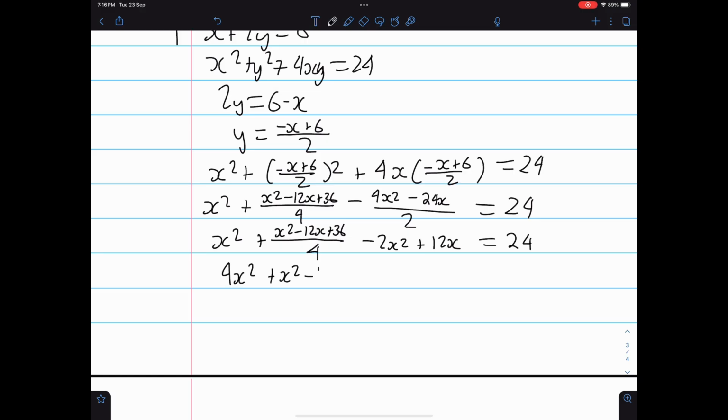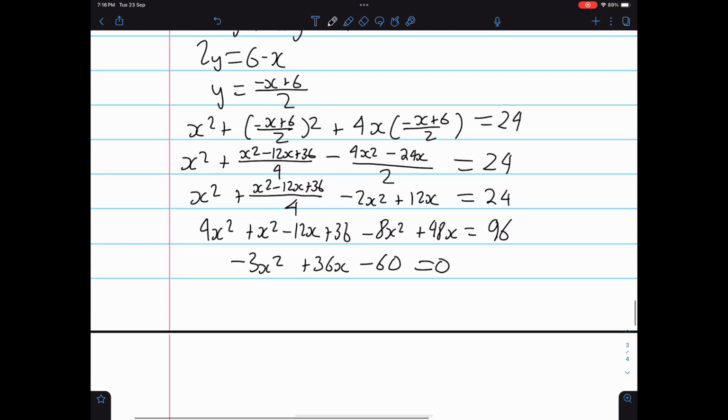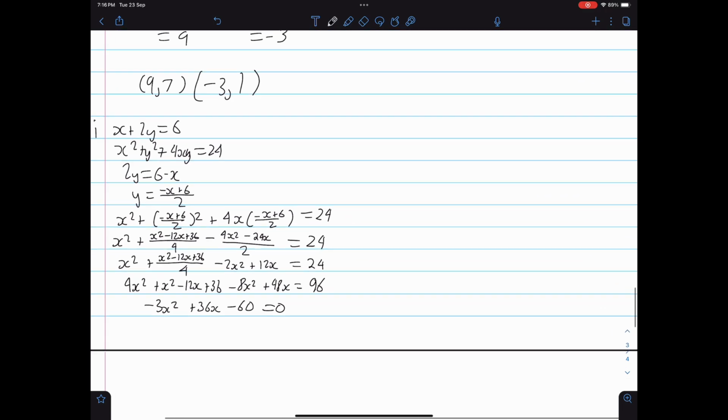I like to just get rid of fractions. Makes things easier to deal with. And also don't like having the lead coefficient be negative. It makes it more annoying to factorise. Small stuff.